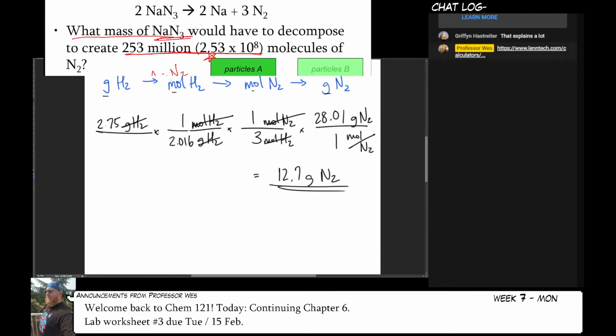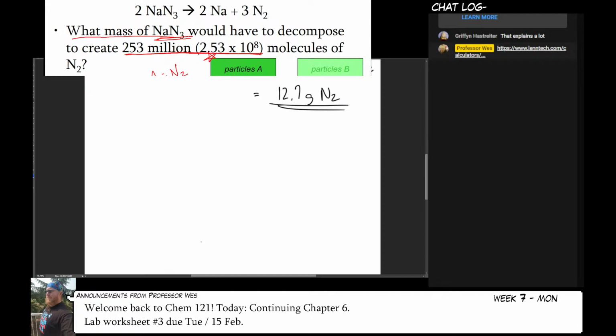All right, so we're going to do a similar sort of calculation here. It's just that instead of starting with a mass, we're going to start with a number of particles. And that number is going to be 253 million, which is 2.53 times 10 to the 8 molecules of N2.